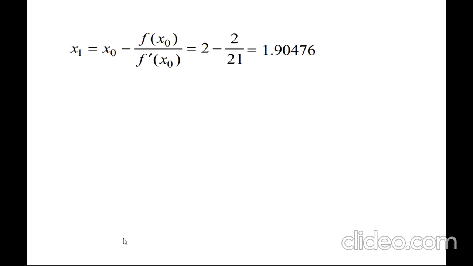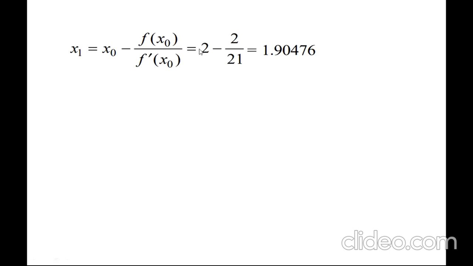Now we have to find the next iteration x1. Hence x1 is equal to x0 minus f of x0 upon f dash of x0. We calculated the values of f of x0 and f dash of x0 previously as 2 and 21.